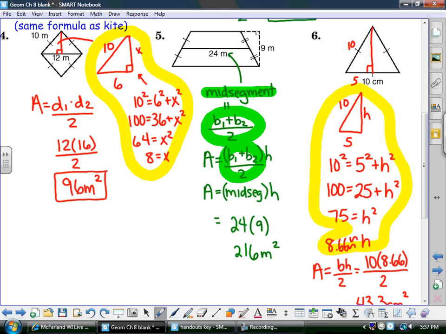So an alternate formula for the area of a trapezoid, another formula that also works, is just doing the mid-segment times the height. That's a formula that is important that you should add to your green conjecture sheet. Area of a trapezoid is mid-segment times height. So the area of this trapezoid is 216 square meters.